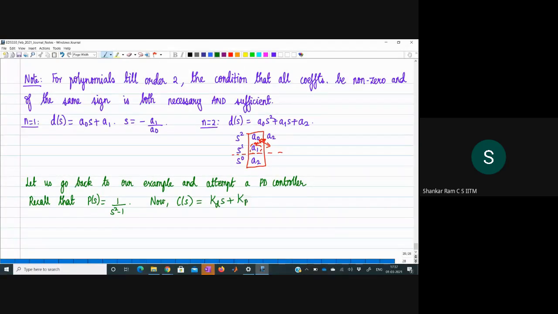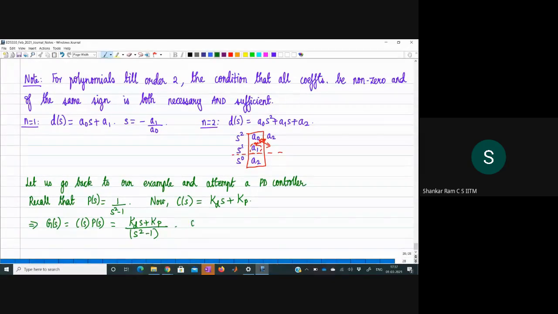That is the transfer function of a PD controller. I'm just doing the same standard calculation. So G of s, which is equal to C of s times P of s, is going to be KD s plus KP divided by s squared minus 1.